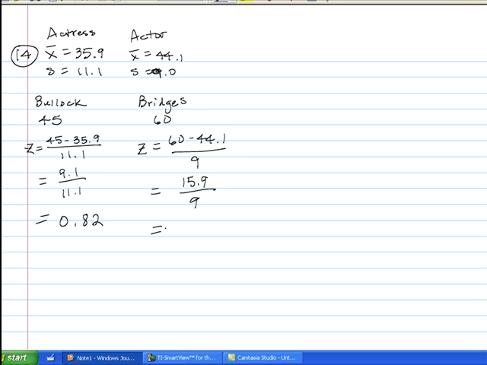So that means Sandra Bullock was relatively younger than Jeff Bridges because she had a z-score of 0.82, whereas his z-score was 1.77.